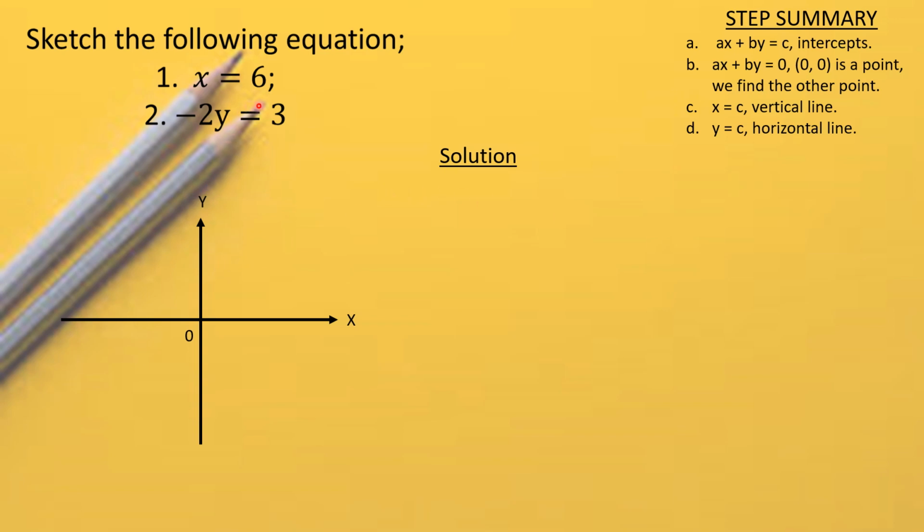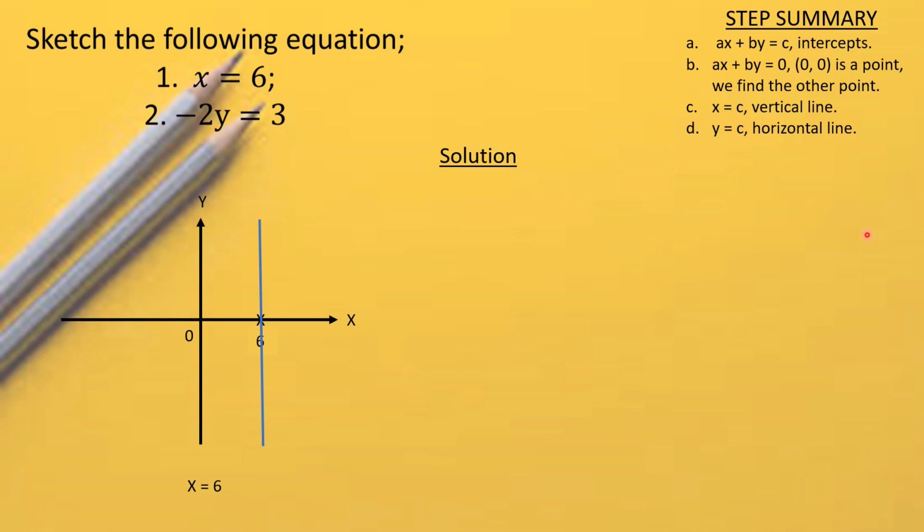Since 6 is positive, it's surely on the right-hand part of the x-axis, and we locate 6 and indicate it. Since this is one variable, we are guaranteed that we are drawing a vertical line passing through the point x equals 6, and that marks the end of our sketch of x equals 6.